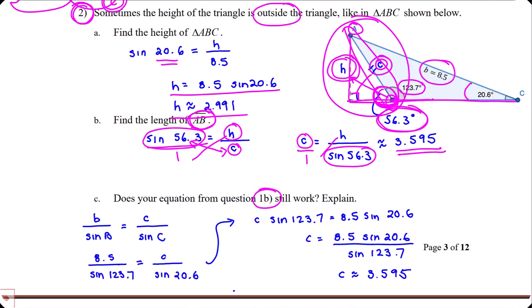So from 1b, they said, let's try this. And so little b, the side opposite angle b, is 8.5. The angle opposite that in the shaded triangle is 123.7.